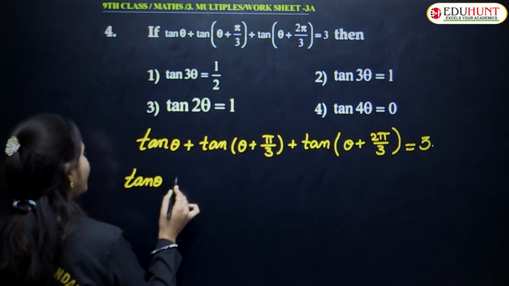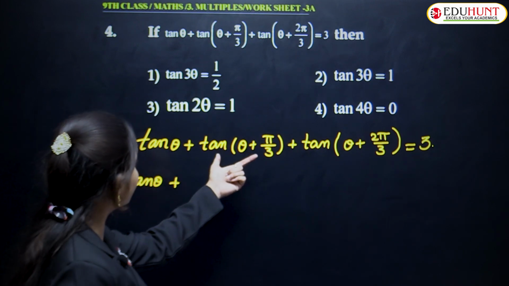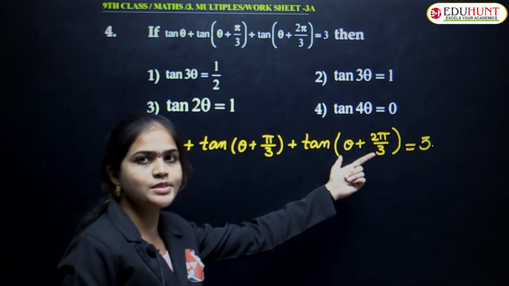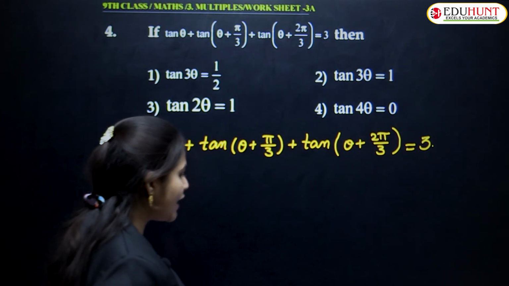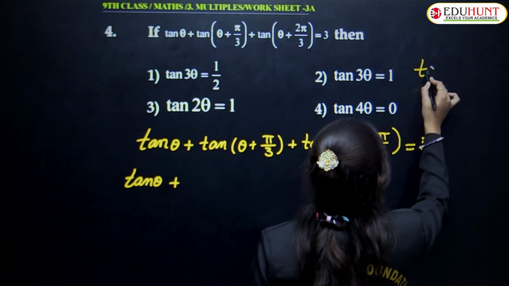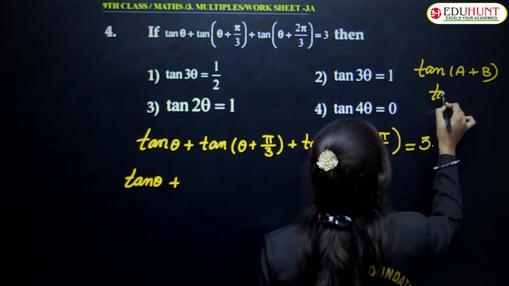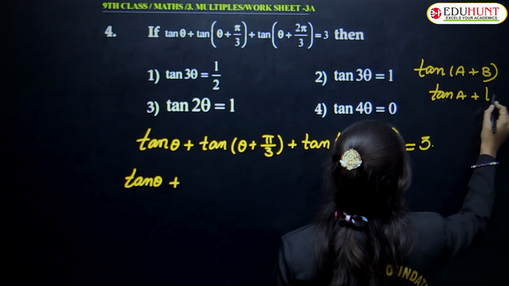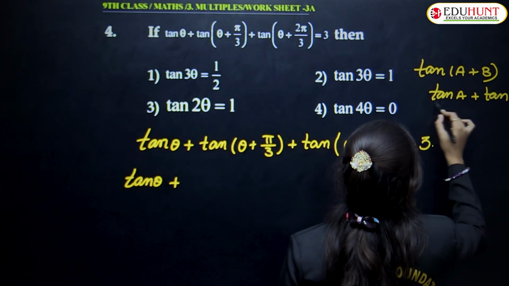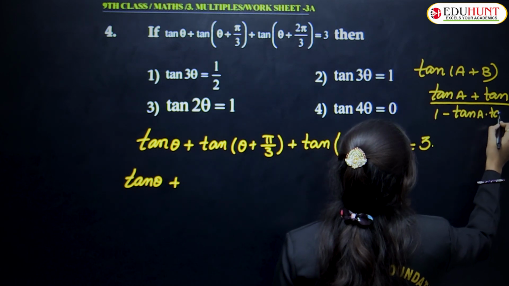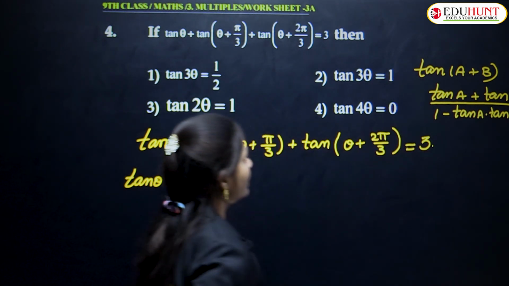When you observe the second term, this is in the form of tan of a plus b, and here also we can observe tan of a plus b. So what is the tan of a plus b formula? Tan of a plus b equals tan a plus tan b whole by 1 minus tan a into tan b. Use this formula here.